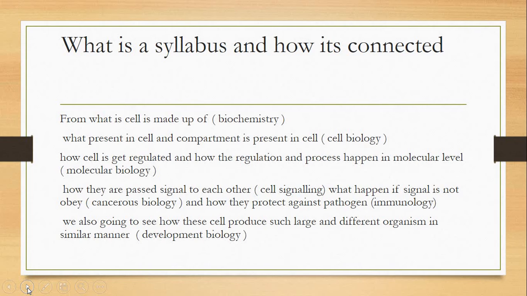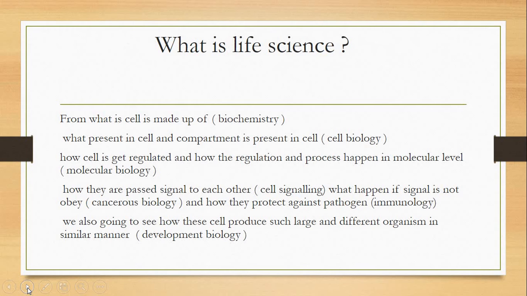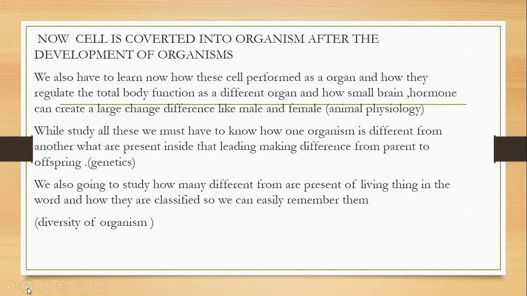that is immunology. After that, we have to understand how the development of the living organism happens, that is, developmental biology. With that, you know that we are going to understand the cell. From the starting of the cell, we end toward the development of the organism.